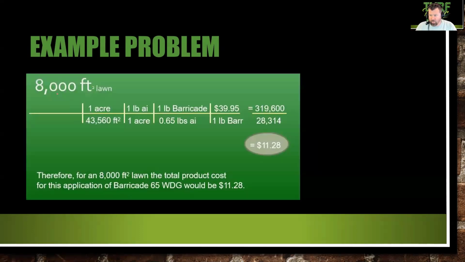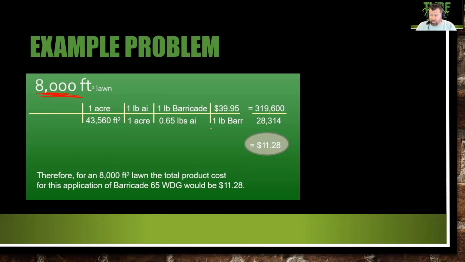Remember, start with what we got. We got an 8,000 square foot lawn. We have 1 acre is equivalent to 43,560 square feet. There's 1 pound active ingredient per acre. There's 1 pound of Barricade is 0.65 pounds active ingredient.